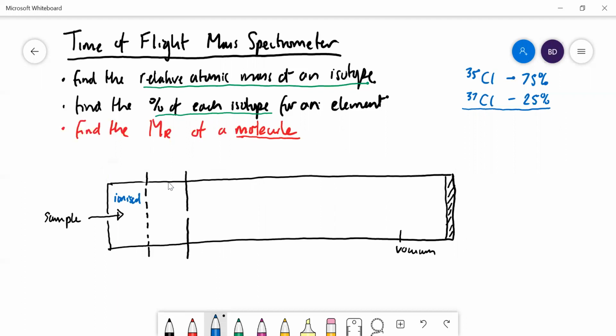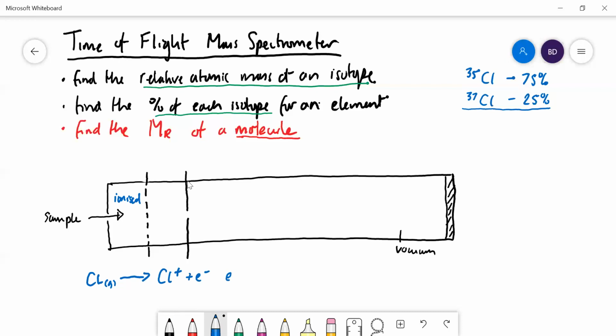So for example, if it's chlorine, it will be bombarded by an electron. So it's chlorine gas, hit it with electrons, and you'll turn it into a chlorine positive ion, and obviously an electron will come off.